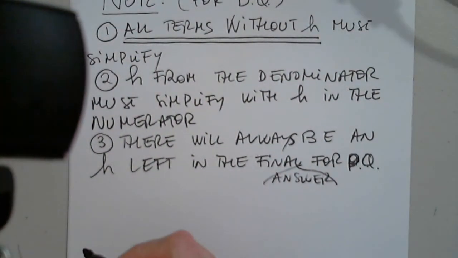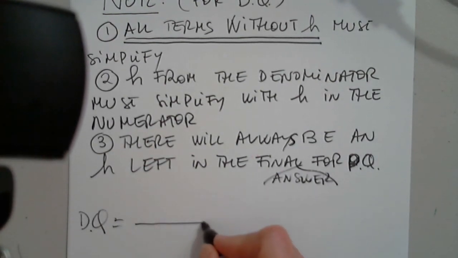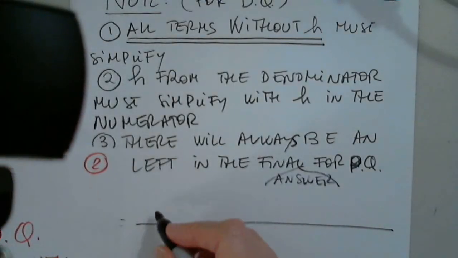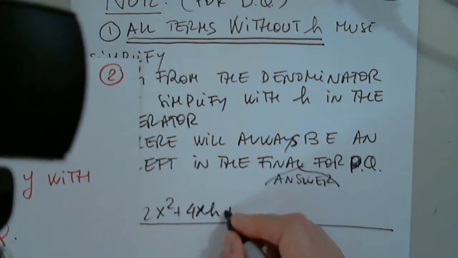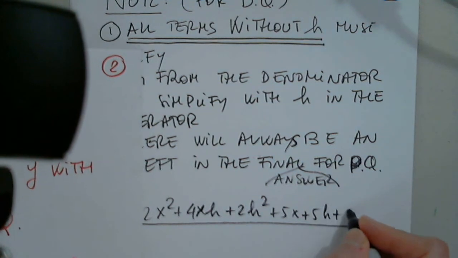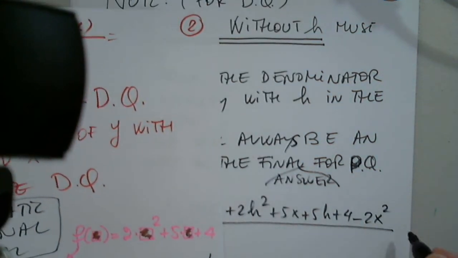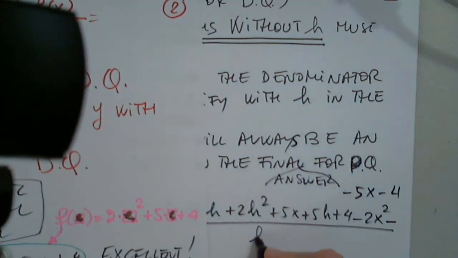So the difference quotient for this function is, I copy 2x squared plus 4xh plus 2h squared plus 5x plus 5h and plus 4, but minus 2x squared. And of course, you will always find out that I always run out of room.